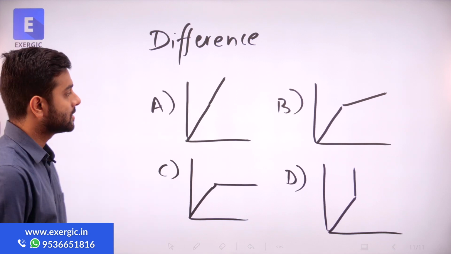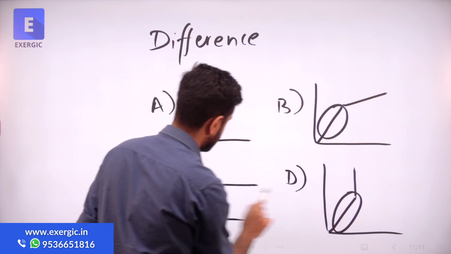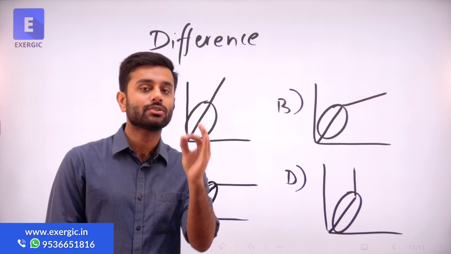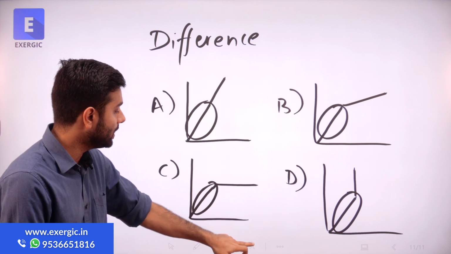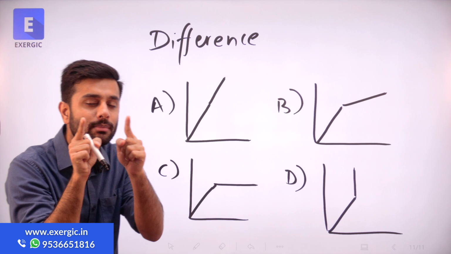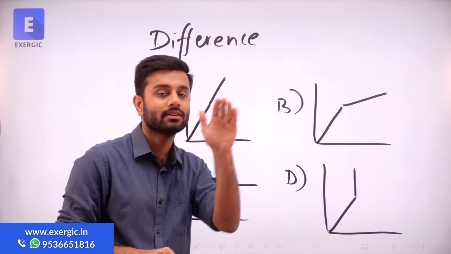So in such questions, you can clearly say the initial part is the same in all of them. So while trying to solve the question, never focus on the initial part, only focus on the differences and try to see if you can eliminate any option based upon the variation.